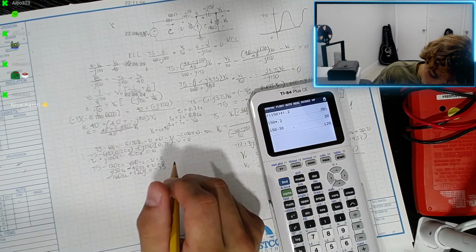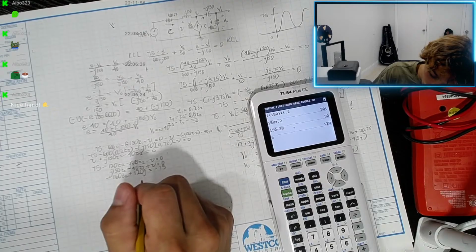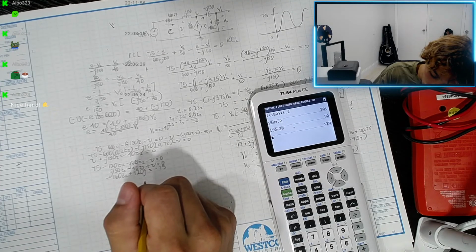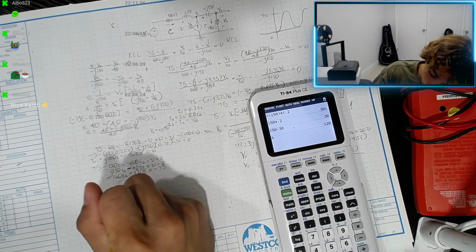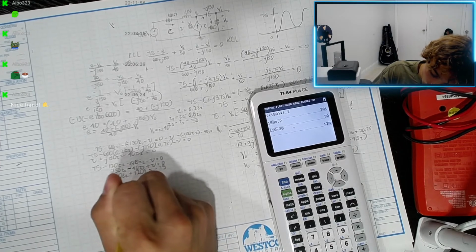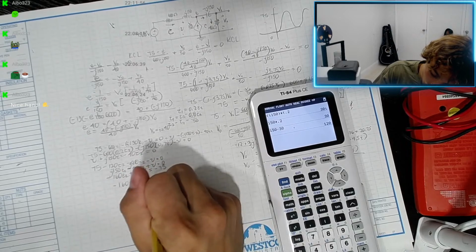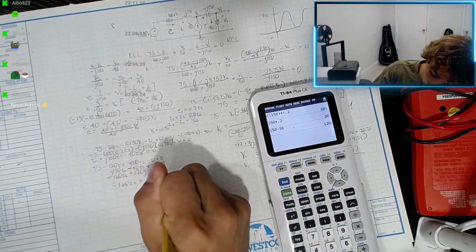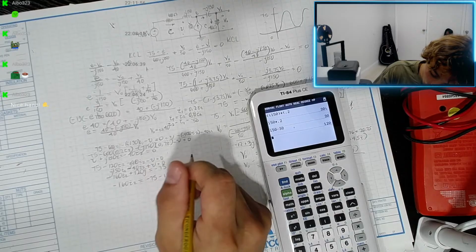So negative 160 I2 equals negative 75 minus 120j.